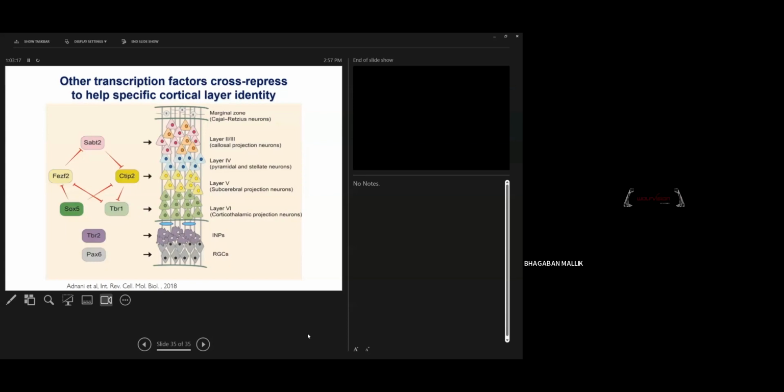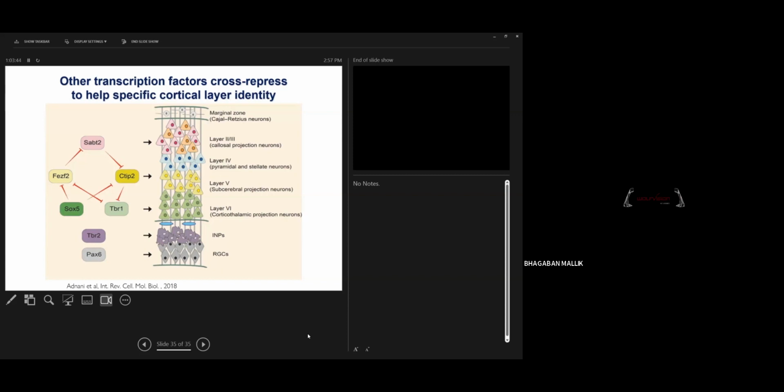And this is the last slide, showing that similarly we have talked about different transcription factors and the regulation of the generation of different neurons in the spinal cord. Here again, diverse types of transcription factors, including FEZF2, other types of transcription factors are also required for the development of neurons in different layers. So you have SUB TB transcription factor for layer 2, 3.